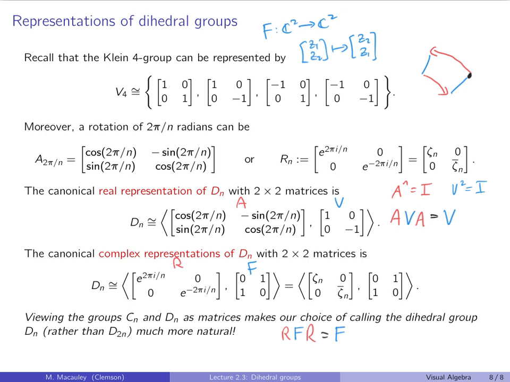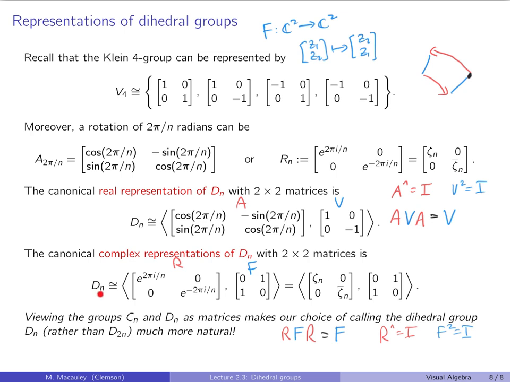You're going to get some other group. And of course, you have the relation that R to the n is the identity, and F squared is the identity. So this is one more reason why I like to call this group Dn and not D2n, because n is all over the fingerprints of this group.